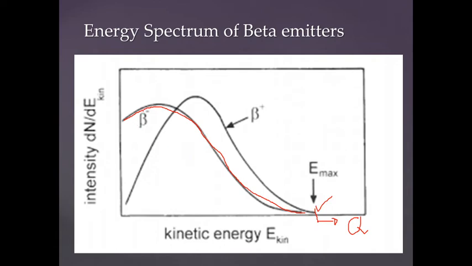And you can see that the energy of the particle could be anywhere, spreading from this extreme here. This is the maximum value of energy. And mind you, it can also be 0. So the energy of the beta particle can vary anywhere between 0 and up to Q.